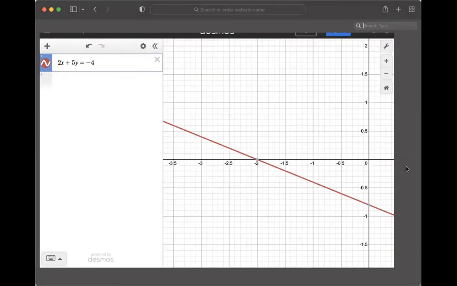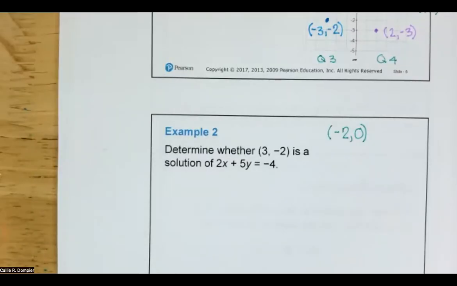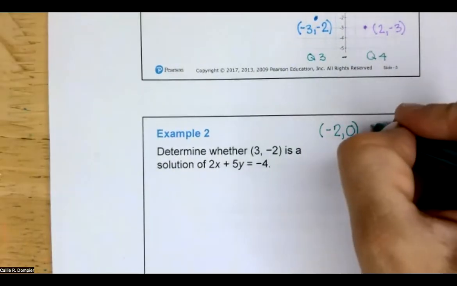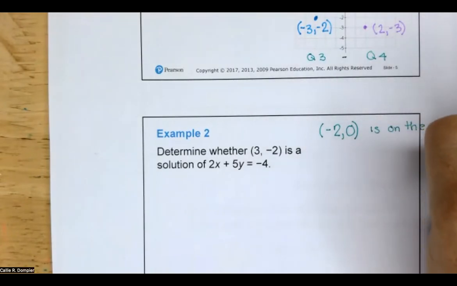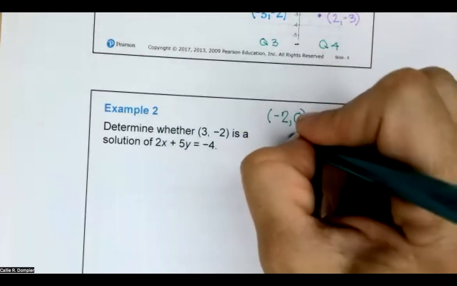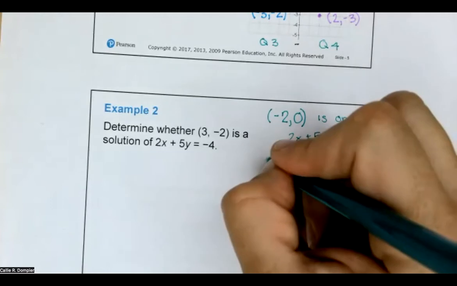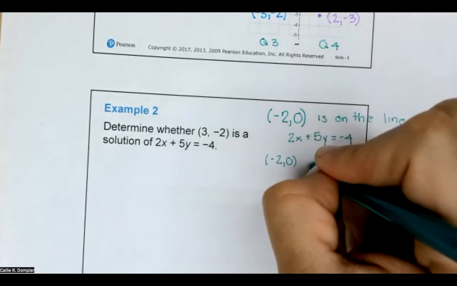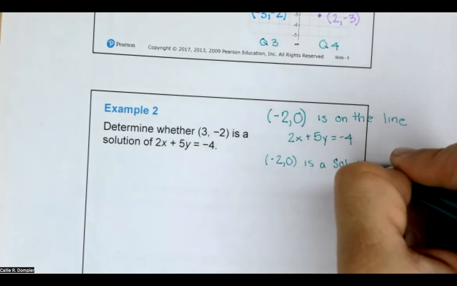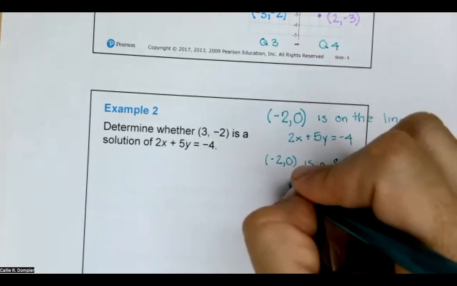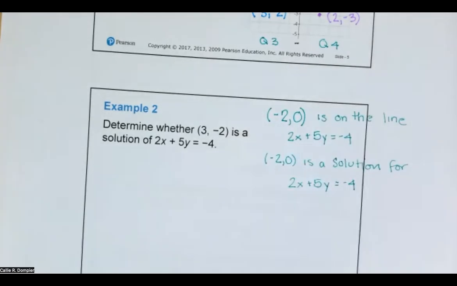And (-2, 0) is on that line, so we say (-2, 0) is on the line 2x + 5y = -4, or (-2, 0) is a solution for the equation 2x + 5y = -4.